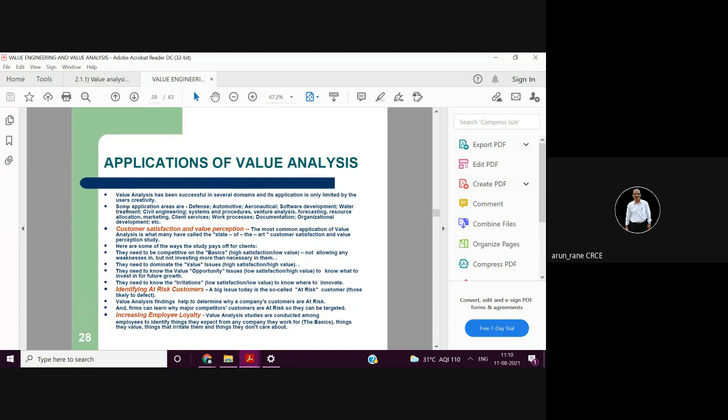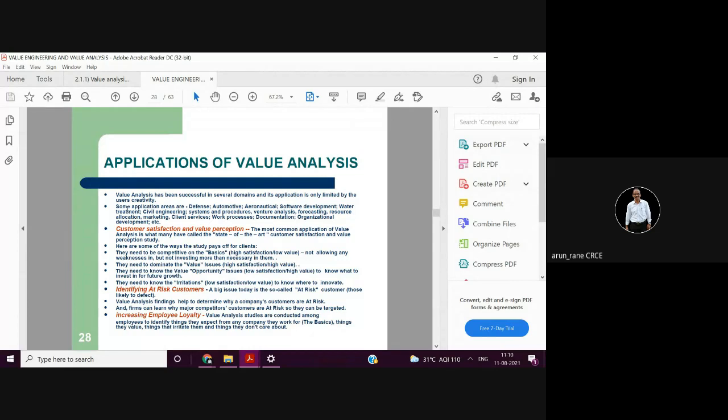So these are the applications: customer satisfaction, customer is God, identifying new customers, or identifying at-risk customers who are under threat that they will change the product. So you have to stop them from changing the product.